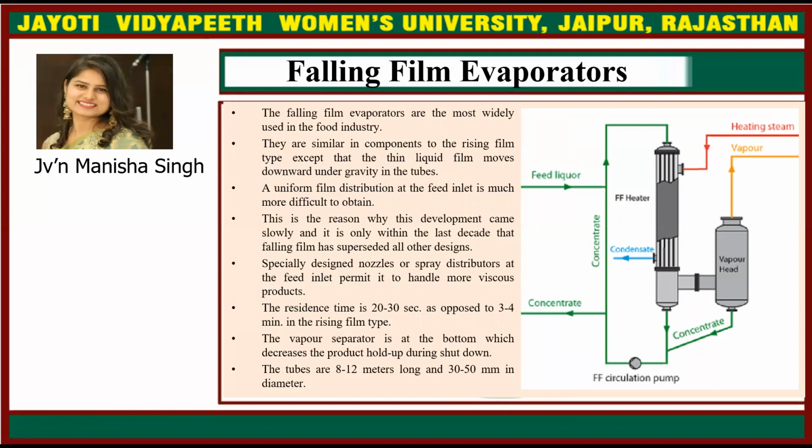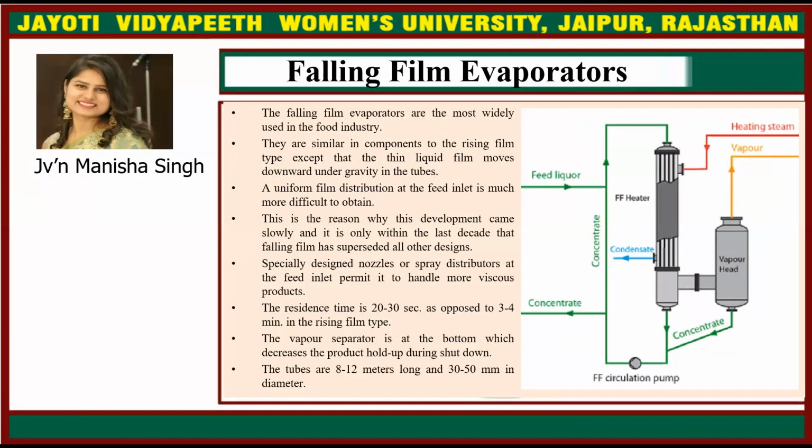They are similar in components to the rising film type, except that the thin liquid film moves downward under gravity in the tubes. A uniform film distribution at the feed inlet is much more difficult to obtain. This is the reason why this development came slowly, and it is only within the last decade that falling film has surpassed all other designs.